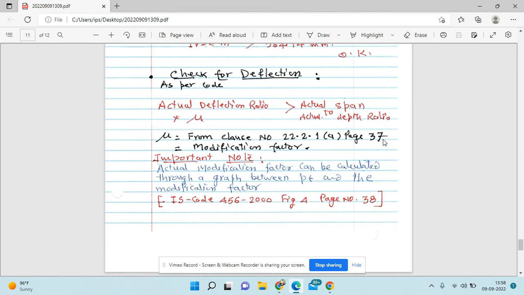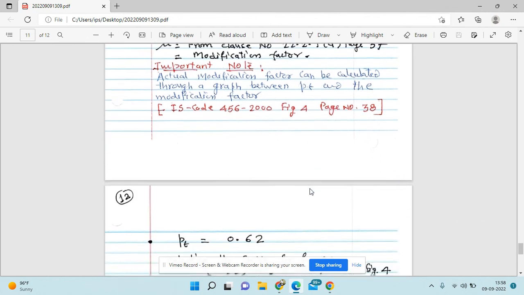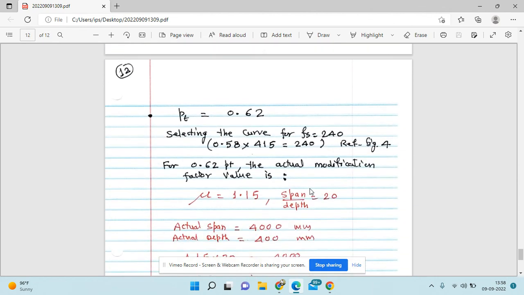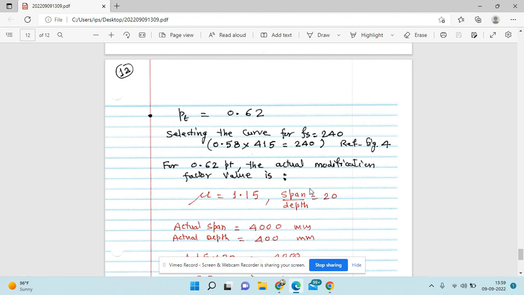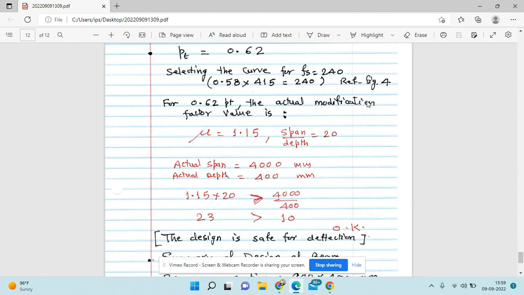Then you will find that 0.58 multiplied by 415 comes out to be 240. So we have to select the 240 curve. PT is already given as 0.62, and from this we can find the modification factor.